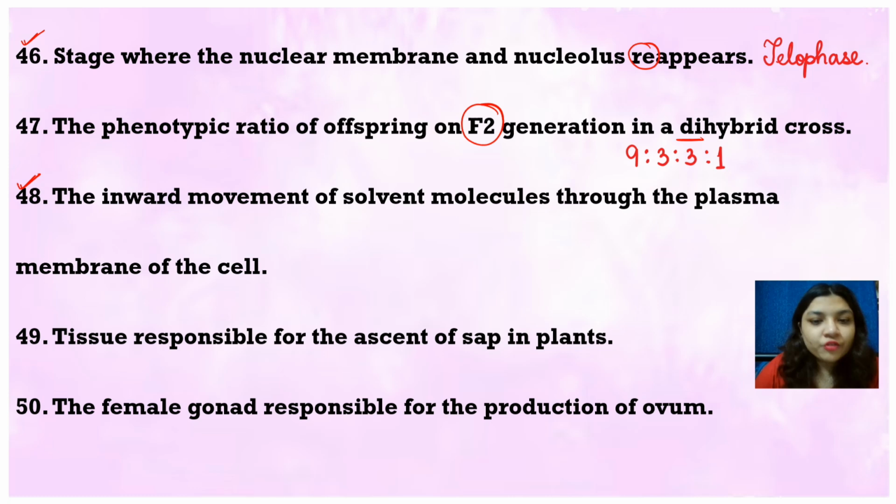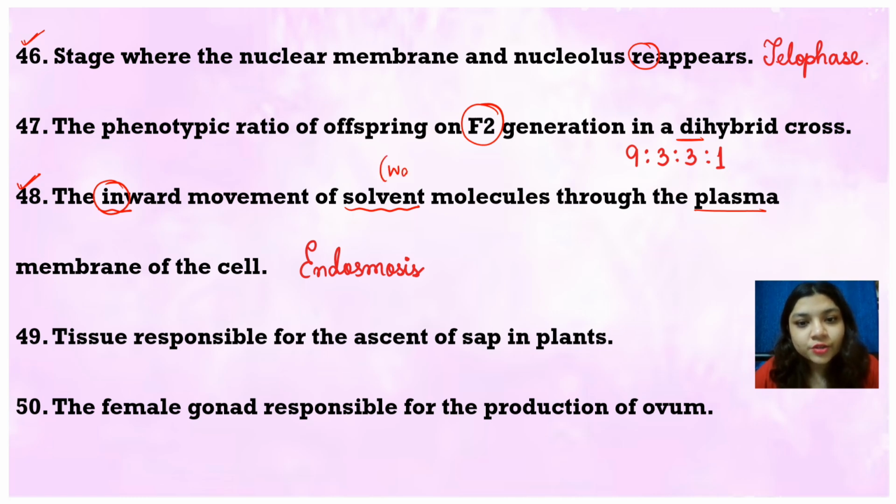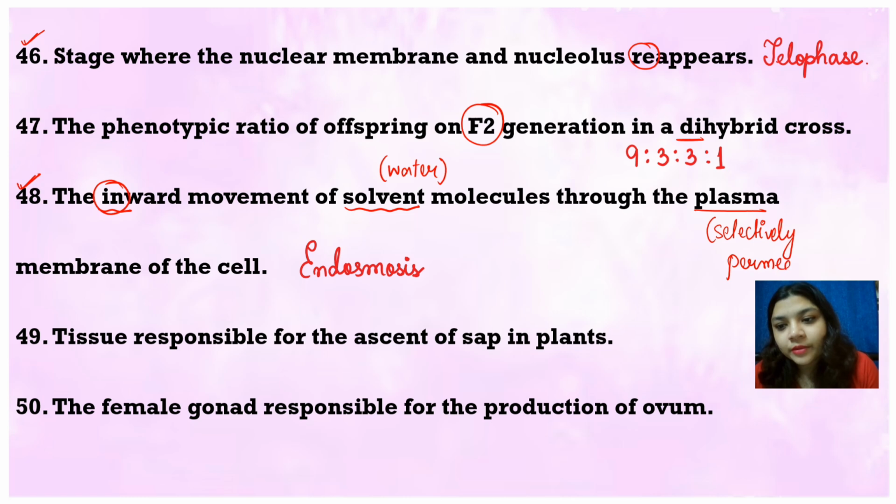The inward movement of the solvent molecules through the plasma membrane of the cell. This is endosmosis, right? So inward, in means endo, solvent molecules, that is usually the water molecules, through the plasma membrane. The plasma membrane is an example of a selectively permeable membrane or a semi-permeable membrane.